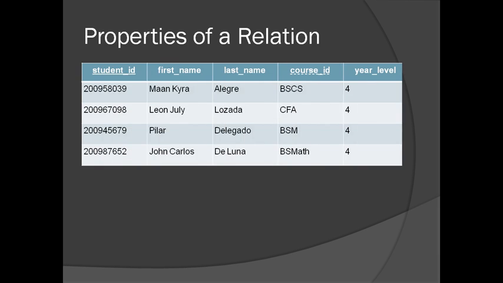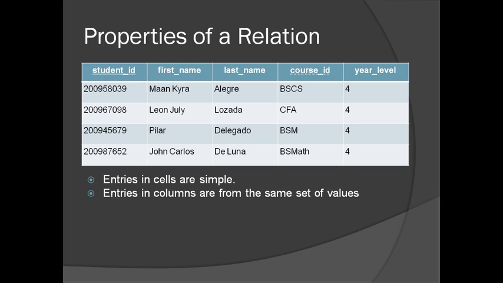To discuss relations further, let's talk about its properties. Here we have the student relation. First property, entries in cells are simple. Second property, entries in columns are from the same set of values. If I say year level field is of numeric type with length 1, then I can only enter numbers 0 to 9.